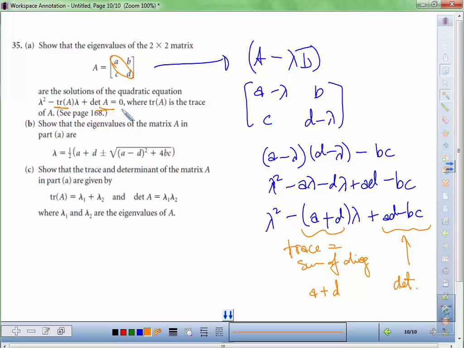The trace is the sum of the diagonals of a matrix. And so to show part B, all you have to do is use the quadratic formula on this equation equal to 0, and then show that the trace and determinant of matrix A are given by these things. So once you find lambda, that should be easy enough to deduce.